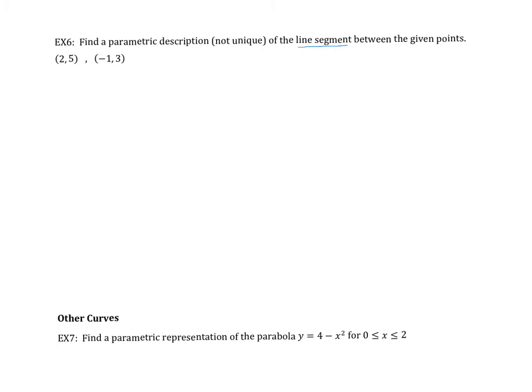Since it's a line segment, and it's going to be between these 2 points, I have to figure out what my t values are. But first, what I'm going to do is I'm going to look at the general form of a line, which would be x equal to x naught, or x sub 0, plus at, y equal to y sub 0, plus bt.